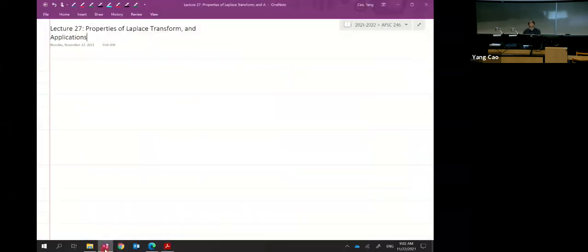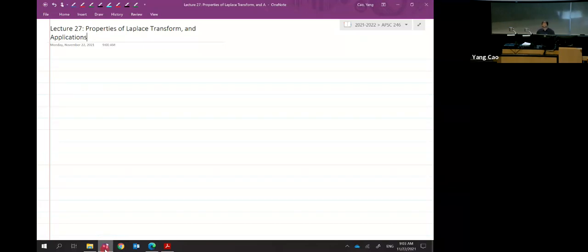So let's continue on the properties of the Laplace transform, that table over there. We'll look at the main properties of the Laplace transform, and then we'll look at some applications of the Laplace transform.